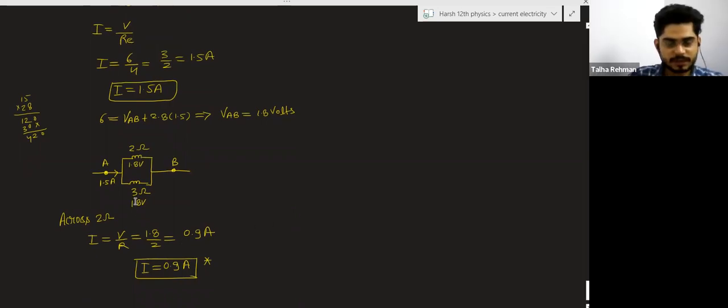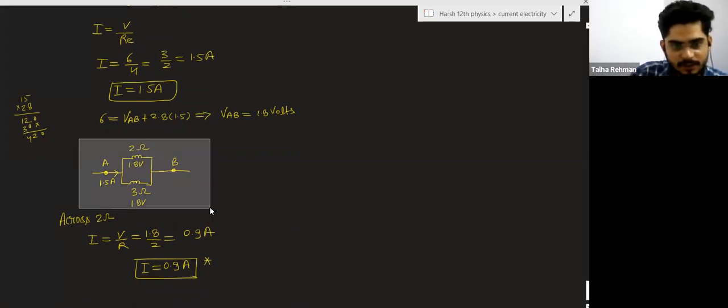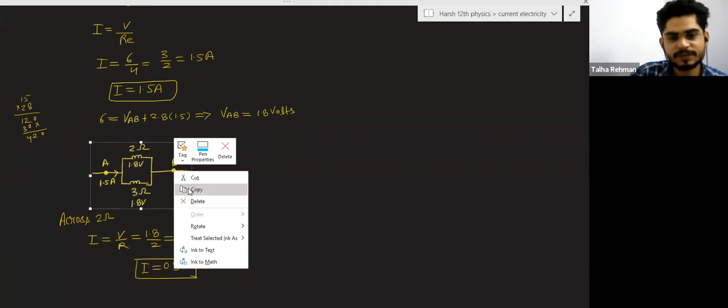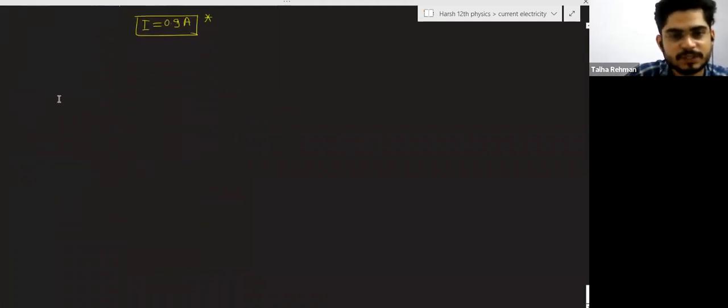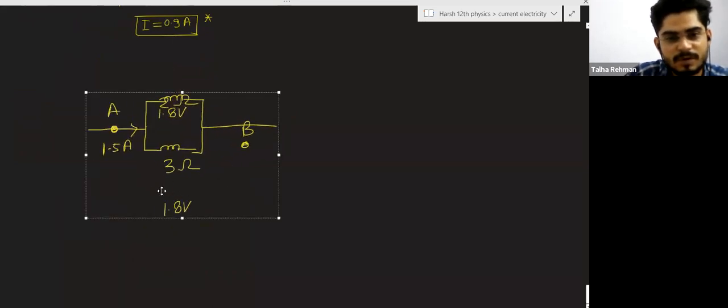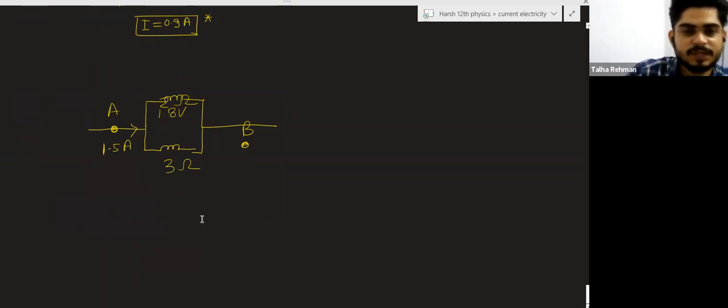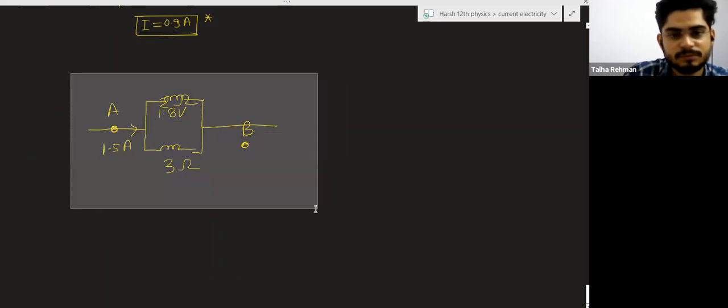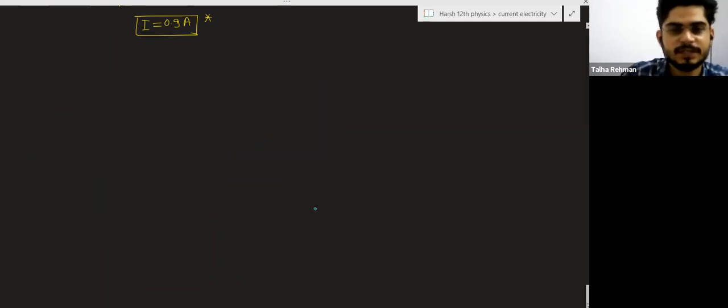One thing here, I am telling this just for the interest of physics. We don't know what is the voltage across. It will take at least 5 minutes.